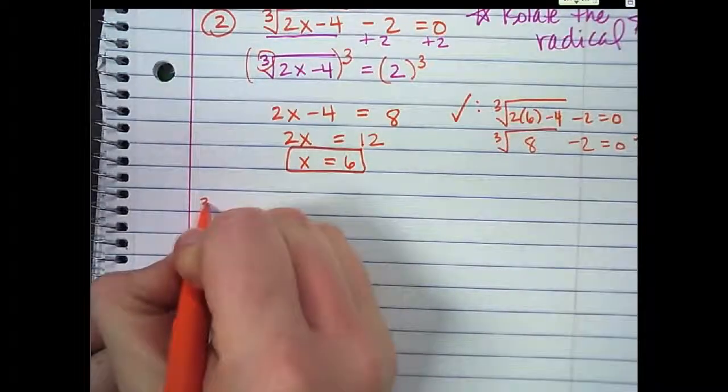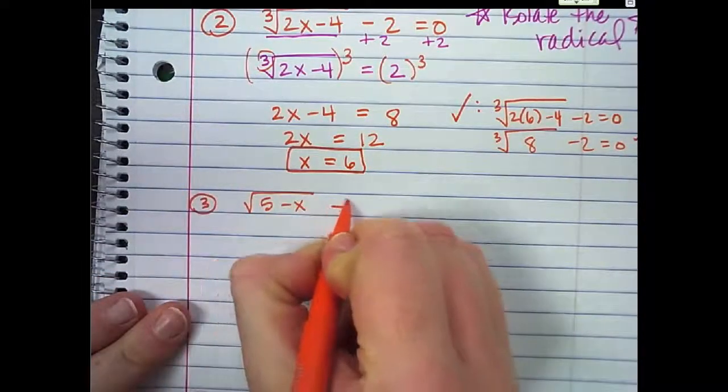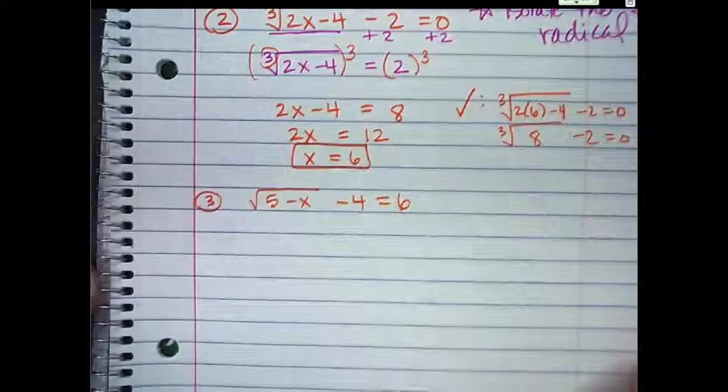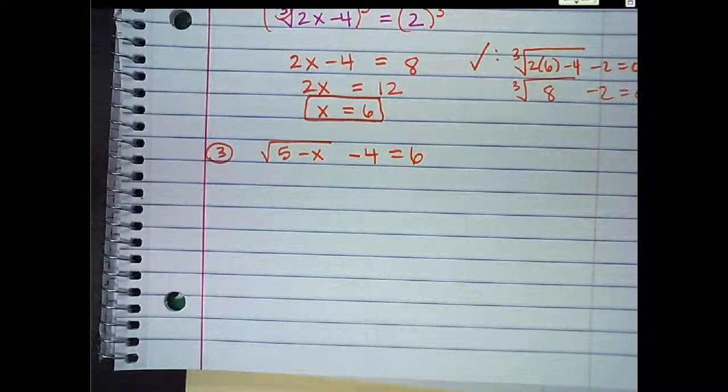Okay, number 3. Square root of 5 minus x, minus 4 equals 6. So what would you do first?